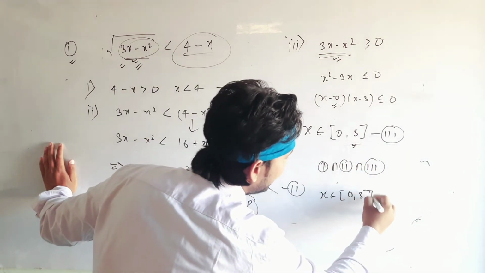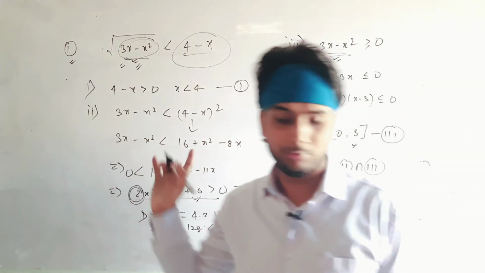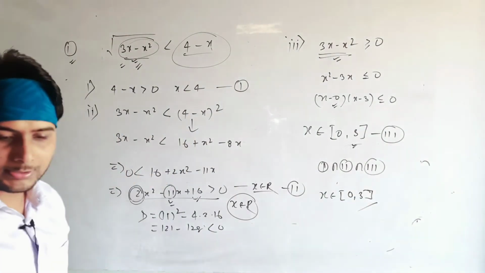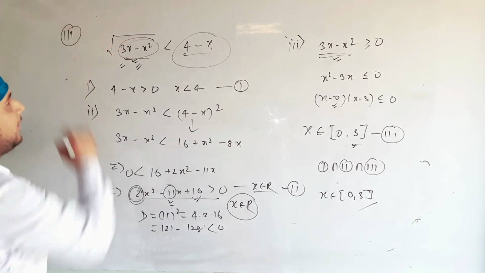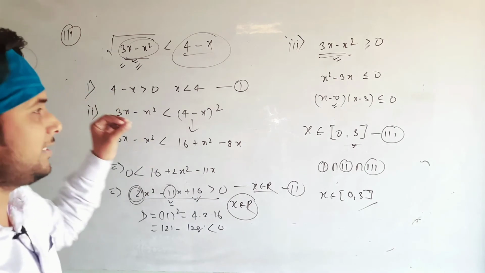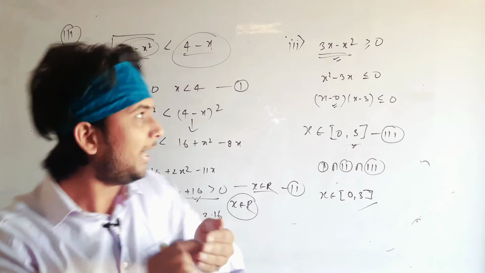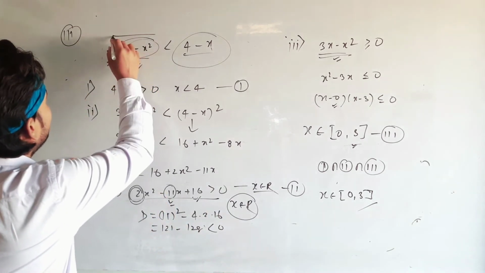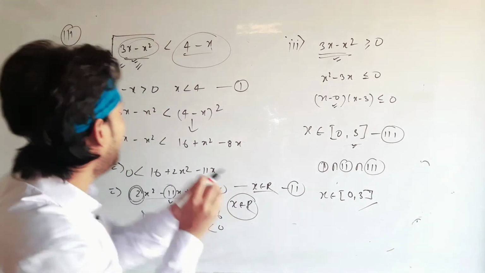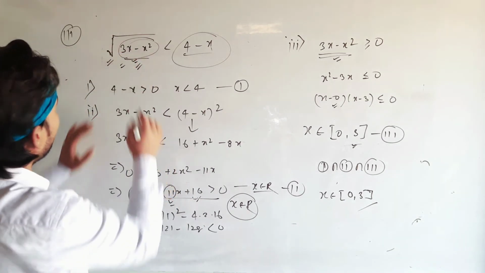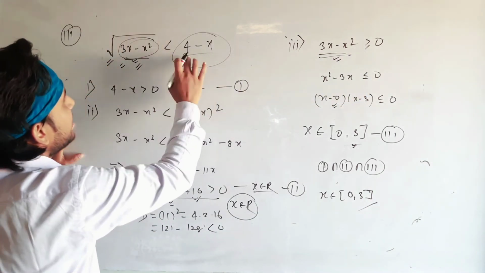And you can plot it on a number line also. If you have any confusion, then plot it on a number line. Question number 3. We are watching the question of irrational inequality, and you are applying that the square root must be positive, and here you have defined 3x minus x square greater than or equal to 0, because this expression is less than 4 minus x.